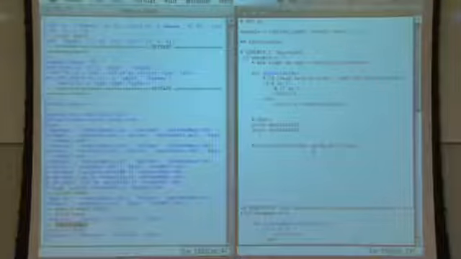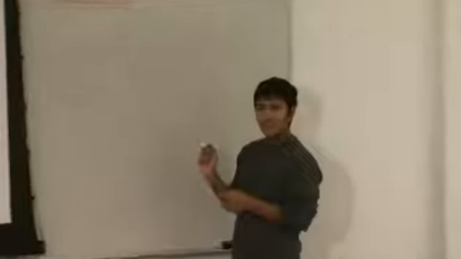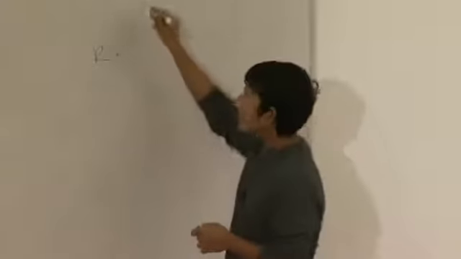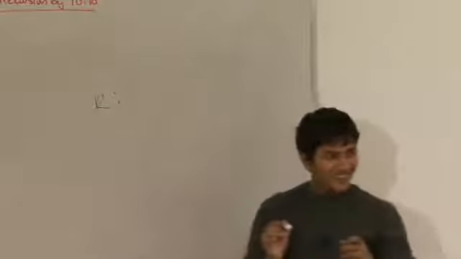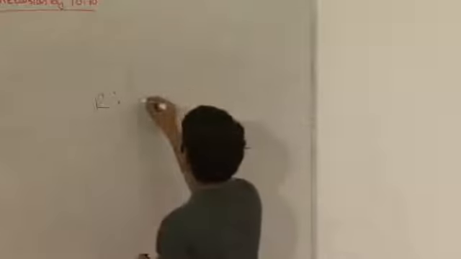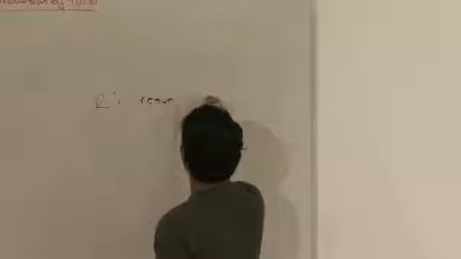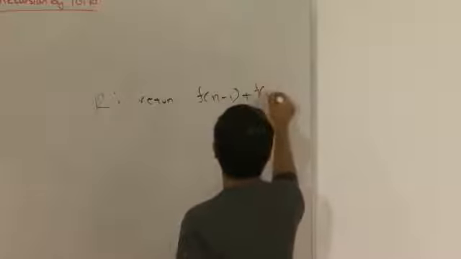But remember in Fibonacci series, okay, for Fibonacci series, can you give me the recursive function? What is Fibonacci series? Okay, that's correct. So return, say, f of n minus 1 plus f of n minus 2.